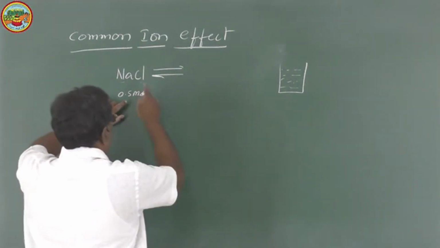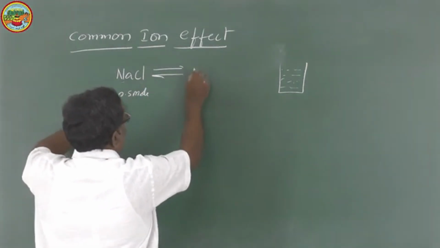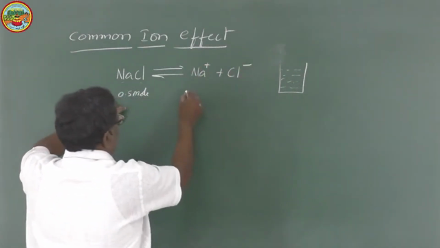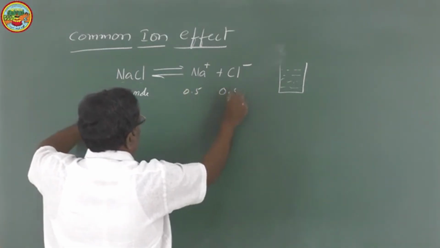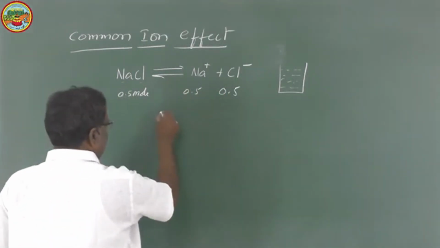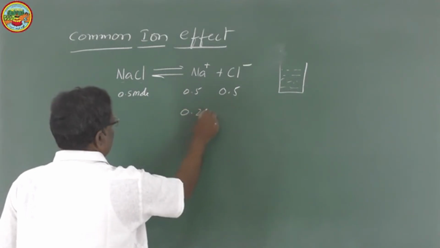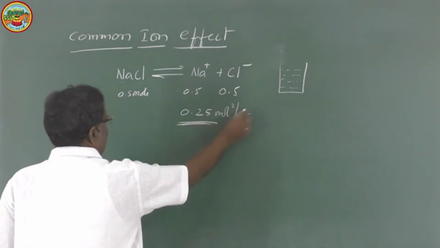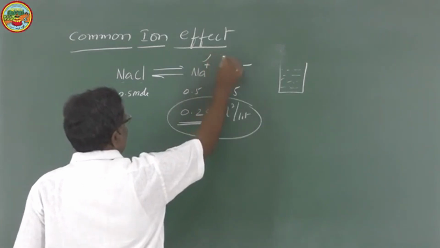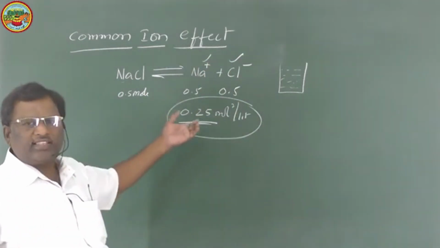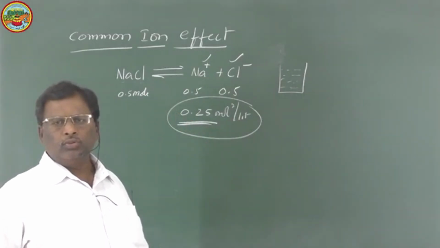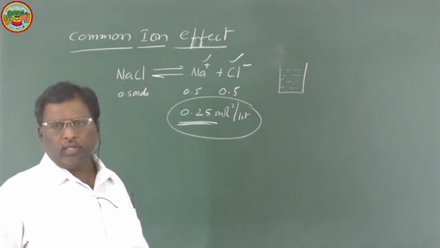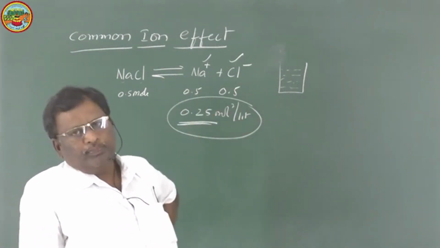In such a case, the Na plus and Cl minus ion concentrations will be 0.5 and 0.5 respectively. That means the solubility product is 0.25 mol square per liter square. If the concentrations of Na plus and Cl minus exceed this value, it will be precipitated out. Up to that, it is soluble.